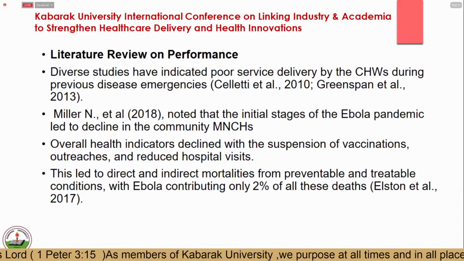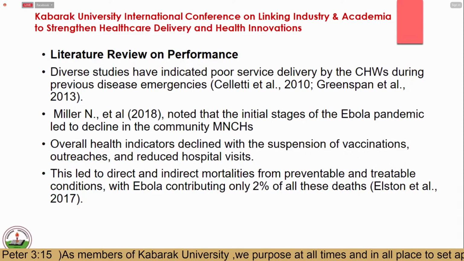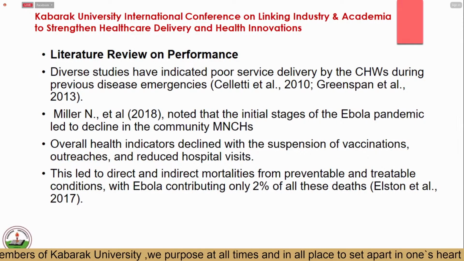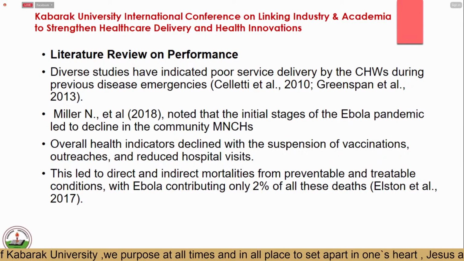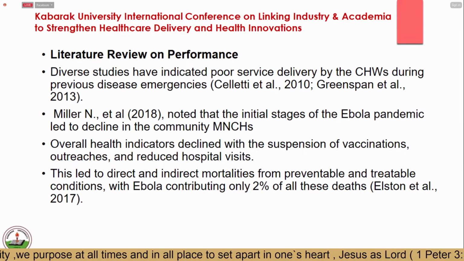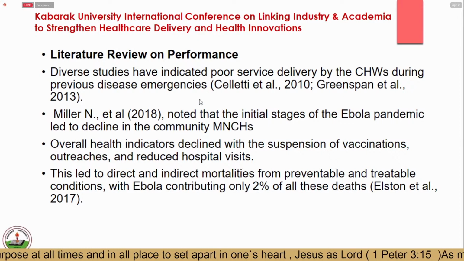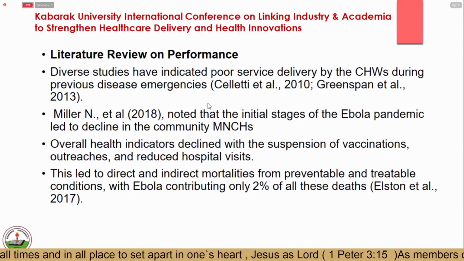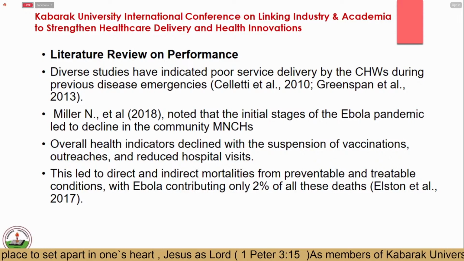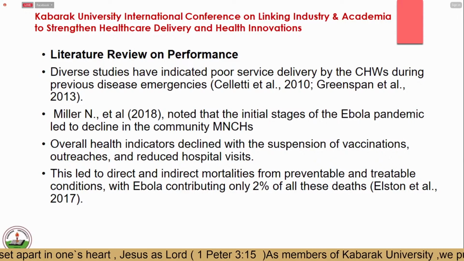So overall, health indicators declined in West Africa with the suspension of vaccination, outreaches, and reduced mobility. This led to indirect mortalities and preventable diseases, with only 2% of these deaths from the other conditions.